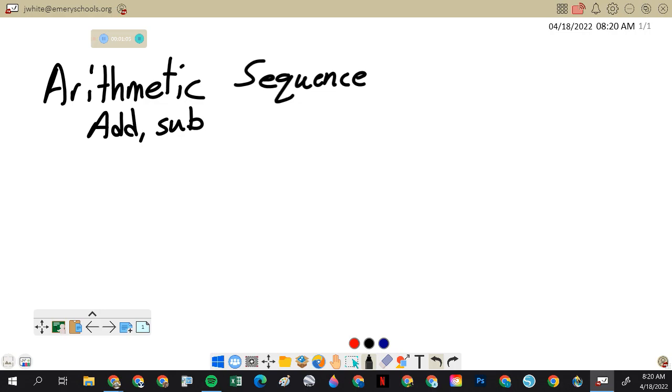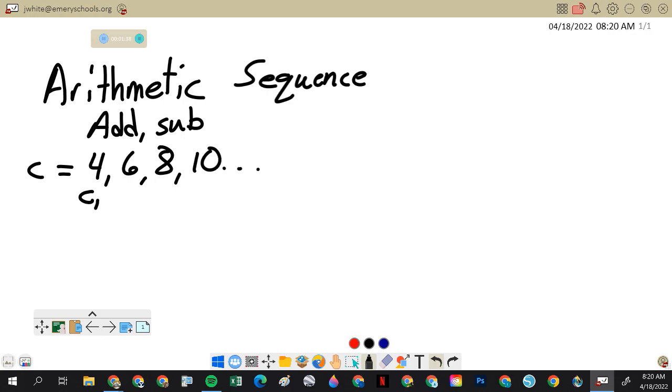So if I had 4, 6, 8, 10, a sequence can stop, or it can just go on forever. Now, every term in a sequence has a name. If this sequence was, say, sequence C, then the first term would be C with a little 1 next to it, and we pronounce that C sub 1.